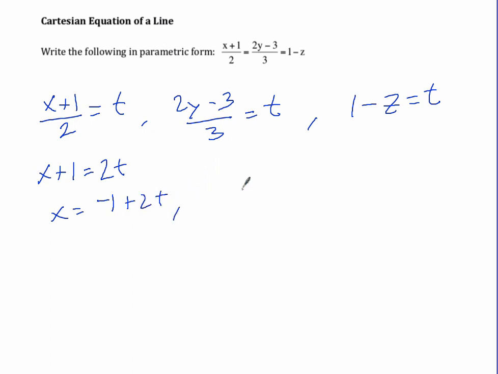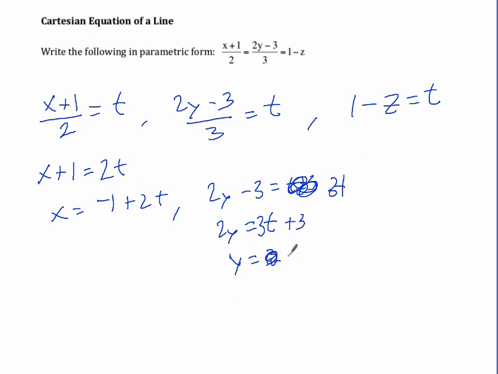For this one, 2y minus 3 equals 3t, so 2y equals 3t plus 3, divided by 2, we get y equals 3 over 2 plus 3 over 2 t.